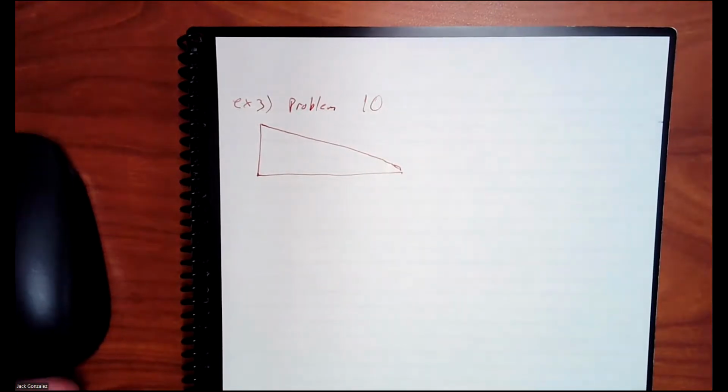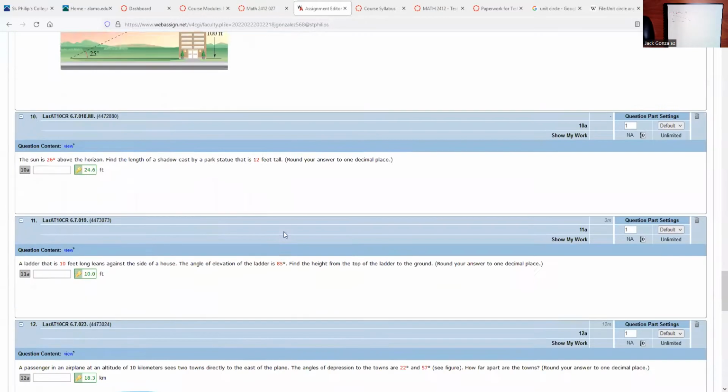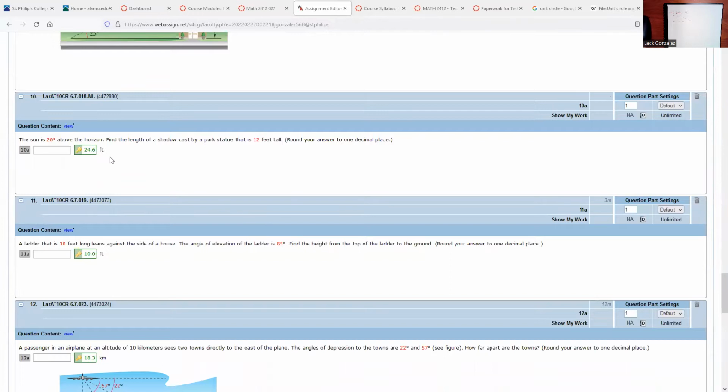Let's check. Number 10. No, they don't give you anything. Okay, I lied. Let's visualize it first. I thought there was a triangle. The triangle's in words.